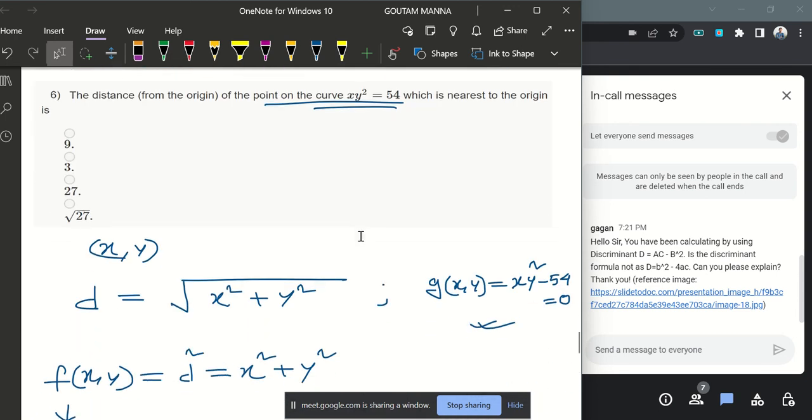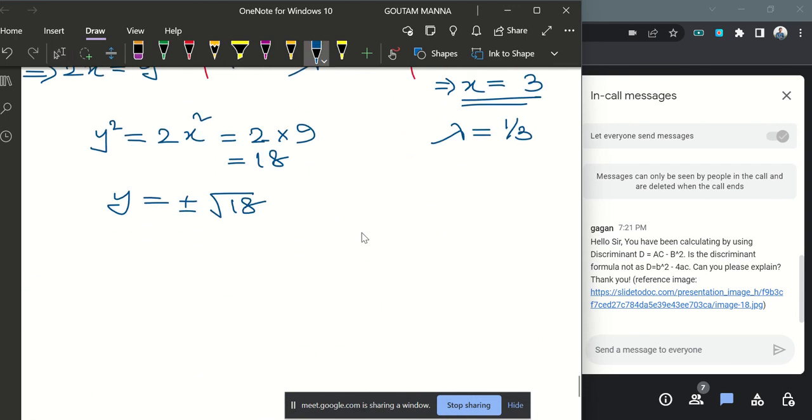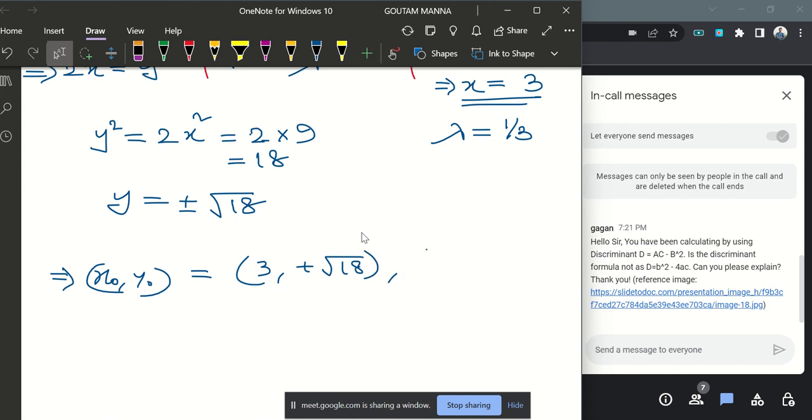So basically the points (x0, y0) are (3, +√18) and (3, −√18). For these two points the distance will be minimum.